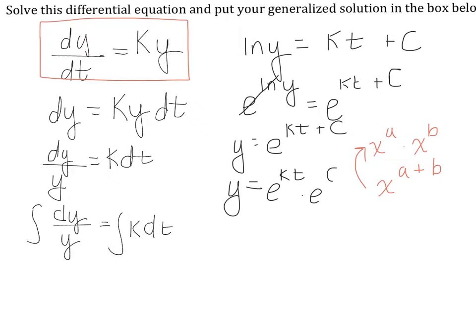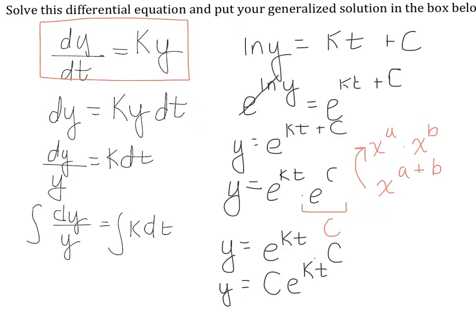And then we say, oh, wait a minute, e is just a constant. So some constant raised to another constant, well, that is just a different constant itself. So ultimately, we can write y equals e to the kt times c, or more elegantly, y equals c e to the kt.